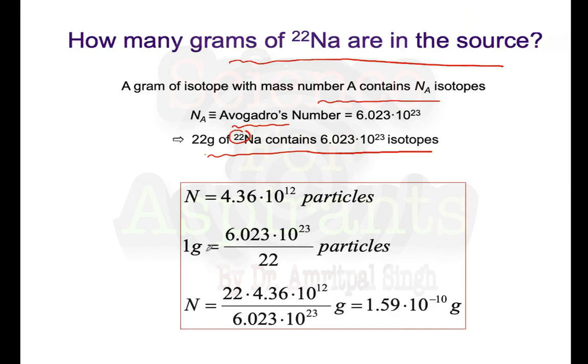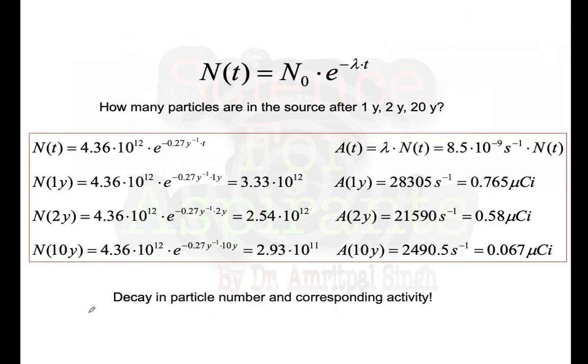And from that we can find out what 1 gram of sodium will contain. So when we divide this Avogadro number by 22, we can find out the value of N in terms of grams. So the value of N in terms of grams can be obtained when we divide the number of isotopes by the Avogadro number.